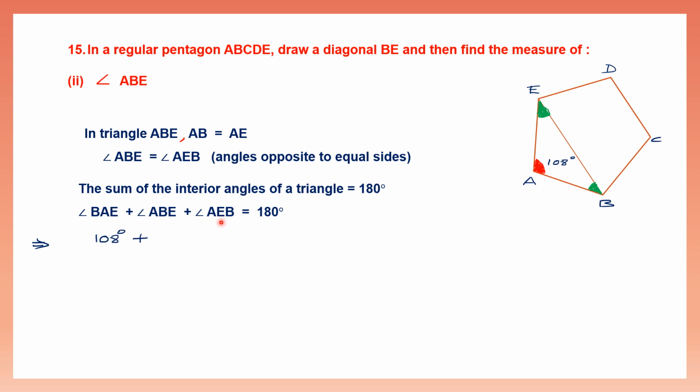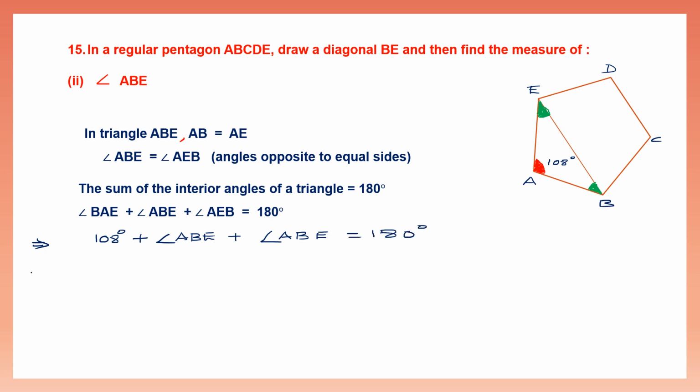So I'm going to write angle ABE plus, again angle ABE, because both the angles are equal. Instead of this, I'm writing ABE because that is what I need to find out. Now all three will be equal to 180 degrees.